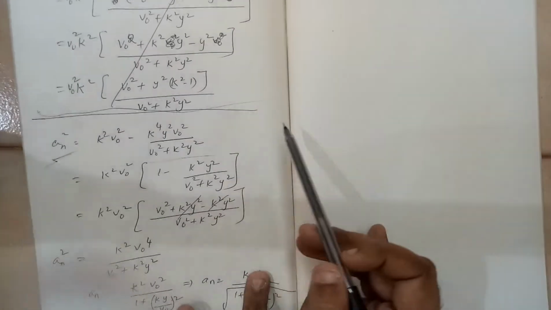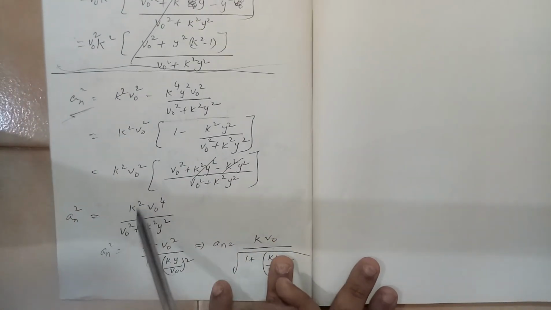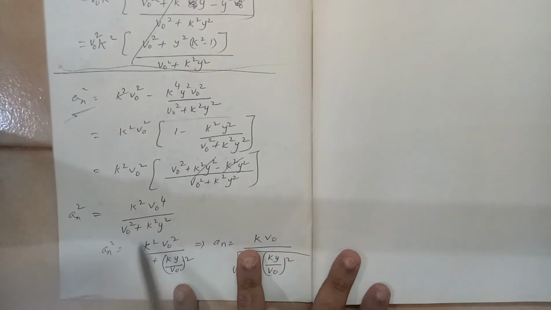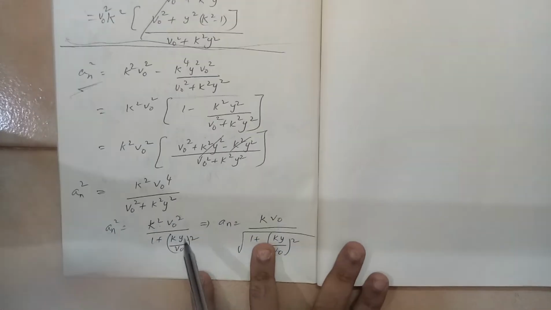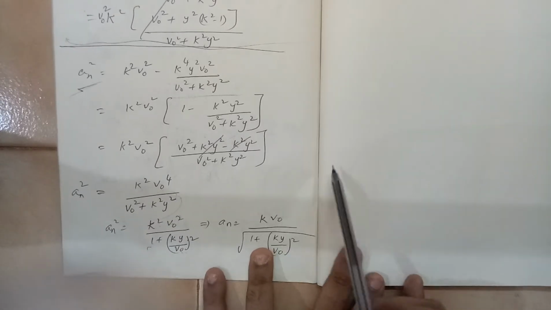Once you simplify that, you finally get an square is equal to k square v0 to the power of 4 divided by v0 square plus k square y square. Divide numerator and denominator by v0 square. You get k square v0 square divided by 1 plus this term divided by v0 square.